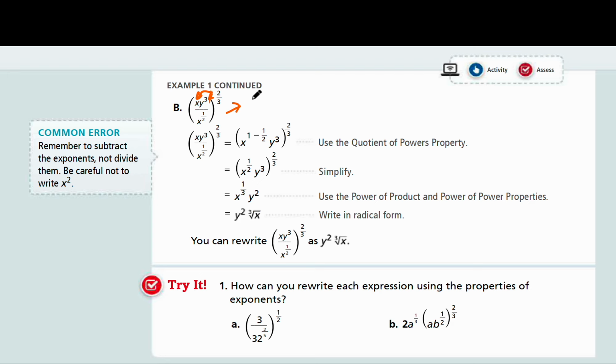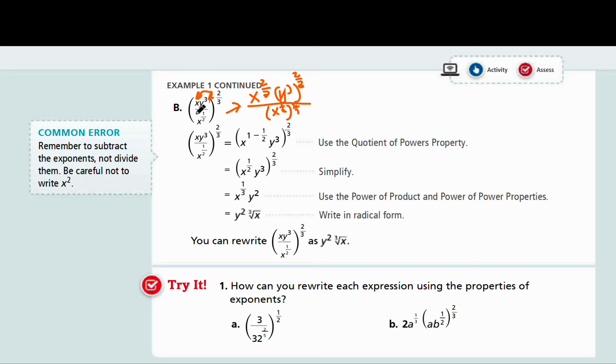So another way would be distributing the power: x to the power of 2 over 3, y cubed to the power of 2 over 3, over x to the power of 1 over 2 to the power of 2 over 3. So this power has to apply to all the factors inside the parentheses. As long as you only have multiplication, that works. Yeah, remember in Olivia's example, you cannot do this when you have addition or subtraction in your parentheses. Then you have to do that first.